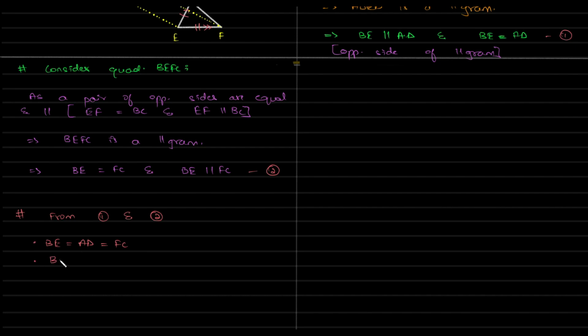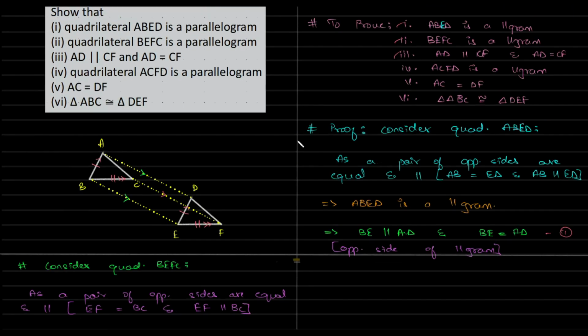Then BE is parallel to FC will also be parallel to AD. Two lines parallel to a third line are parallel to each other. Okay, so this is also a theorem, so we need to write it. So this is also done.